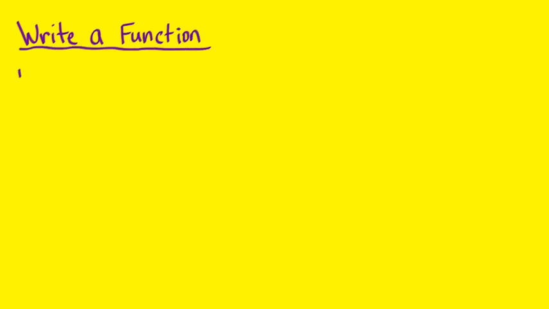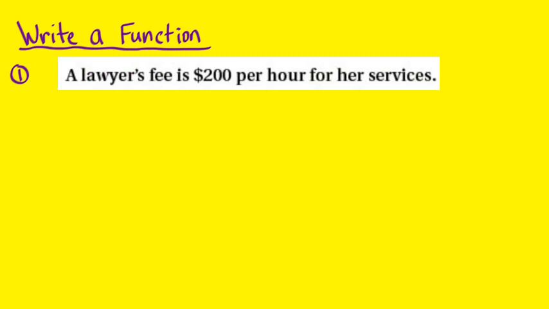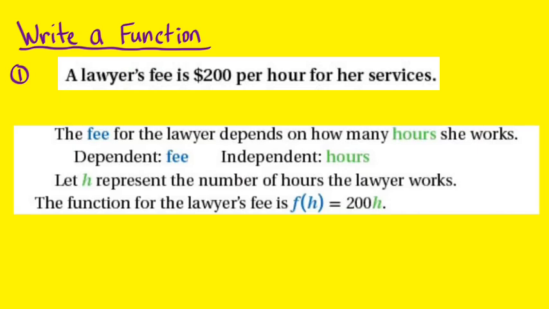Let's write a function. A lawyer's fee is $200 per hour for her services. So the fee of the lawyer depends on how many hours she works. So the fee is dependent, or the money is always the y, as we've said before, and it's dependent on how many hours. So we're going to let h represent the number of hours the lawyer works.